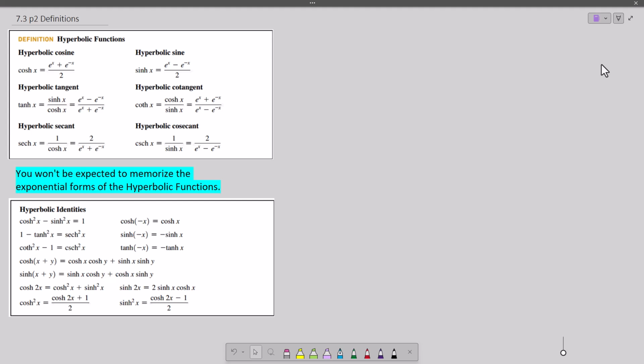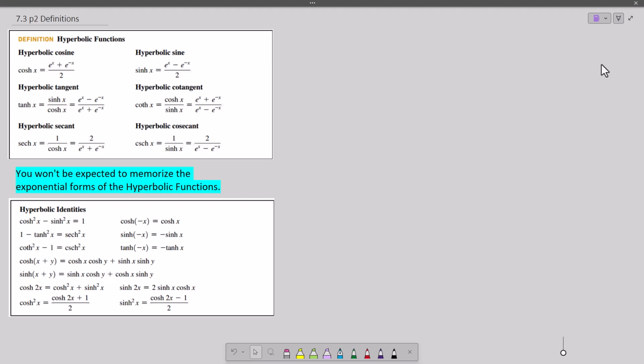This I will call cotanh. This I will call sech. This I will call cosech. So tangent, cotangent, sech and cosech, just like sine and cosine, secant, cosecant, tangent and cotangent.